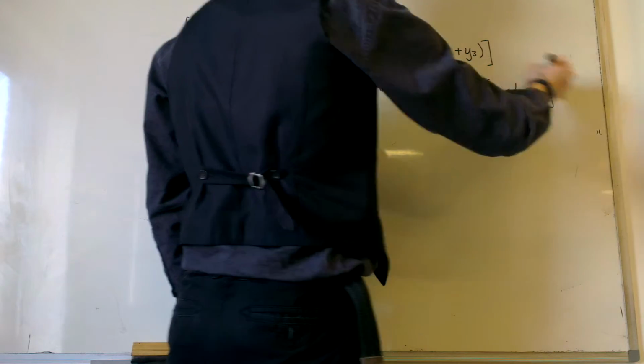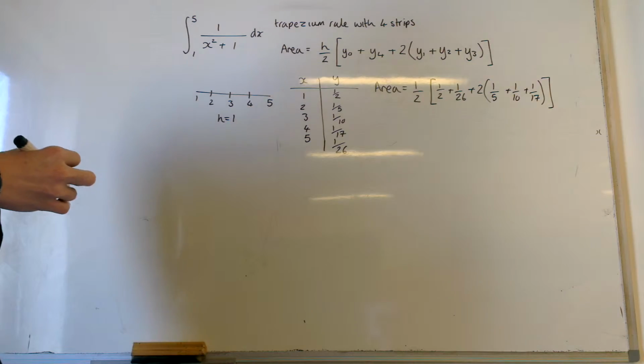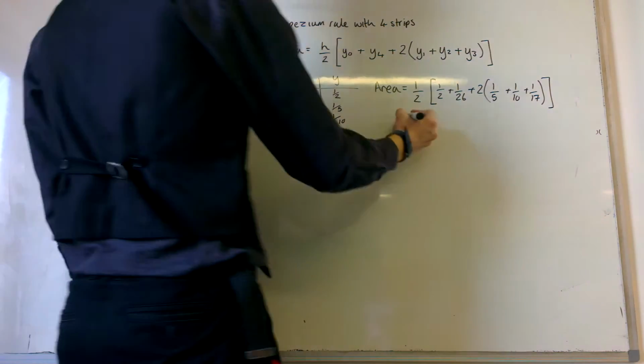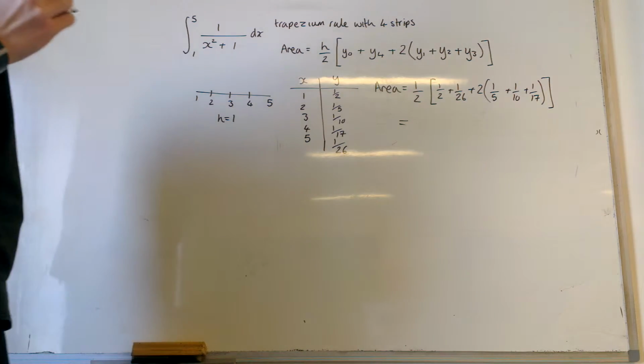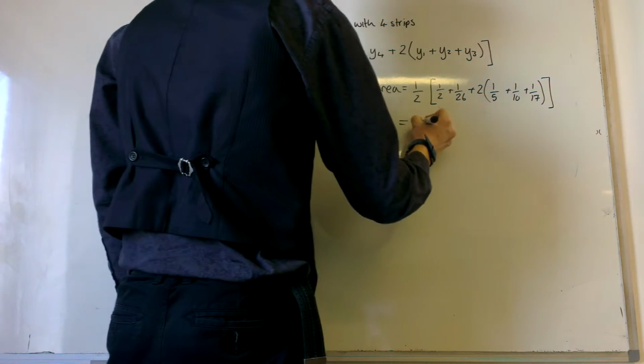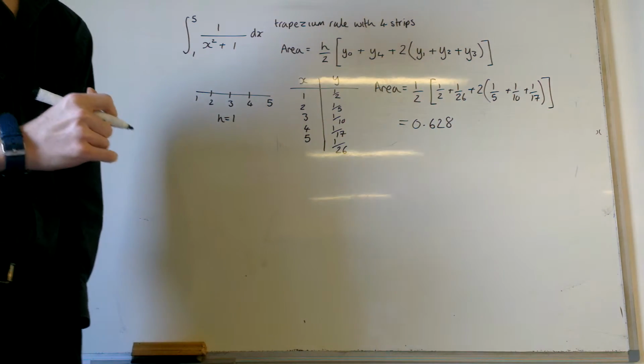Make sure that you put in all of the brackets that you see there, and then you won't make any mistakes with your calculation. When you type all of that into your calculator exactly as it is there, you get a value of 0.628 to 3 significant figures.